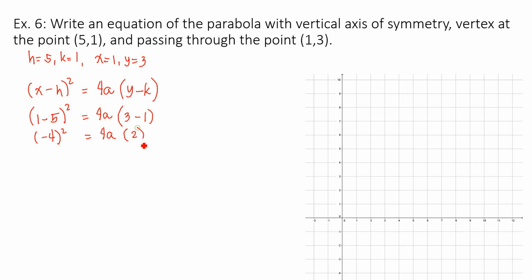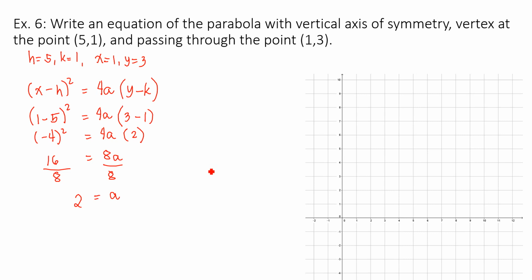So -4 squared is equal to 16 is equal to 4 times 2 is 8. So if we divide both sides by 8, then our a must be 2.